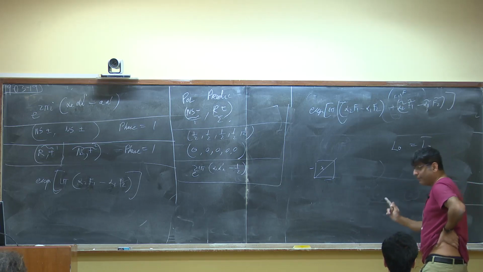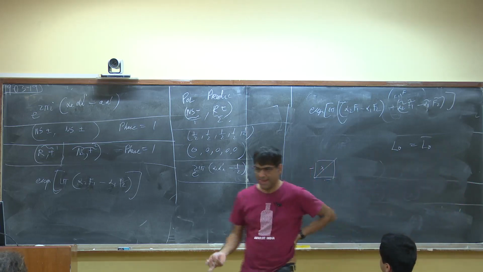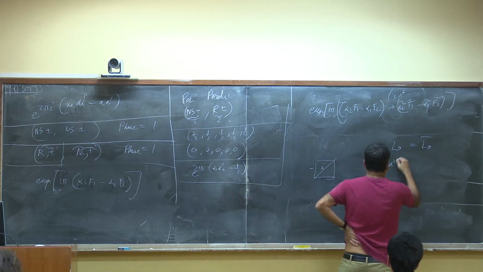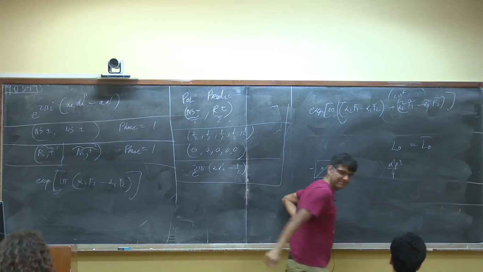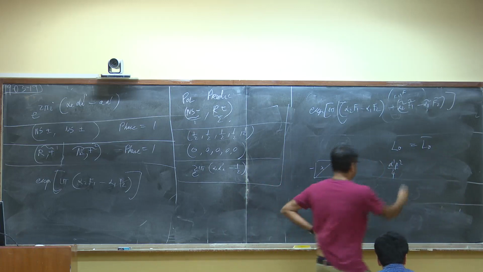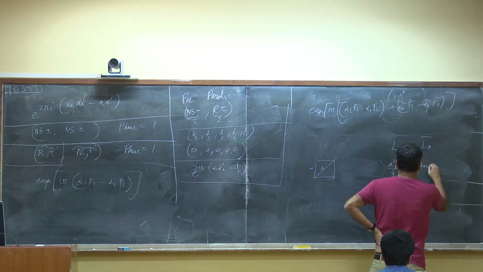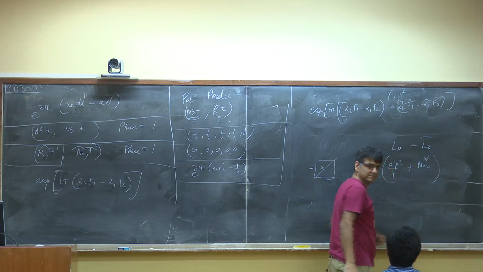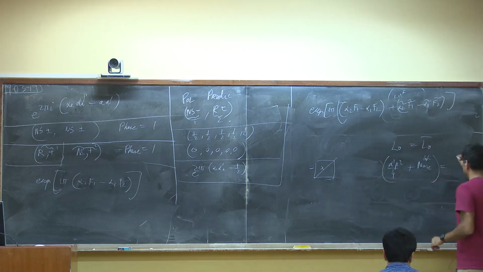Now, remember what L0 and L0 bar were. There was an alpha prime p squared by 4 contribution, plus there was N oscillator. This was on the left. And similarly, there was a similar contribution on the right.